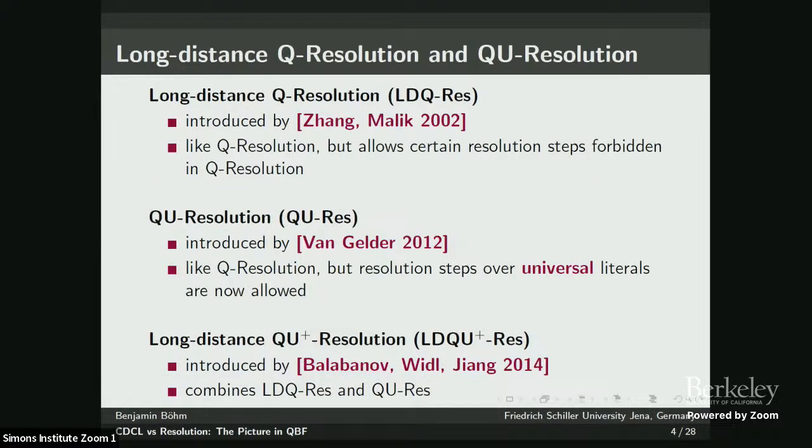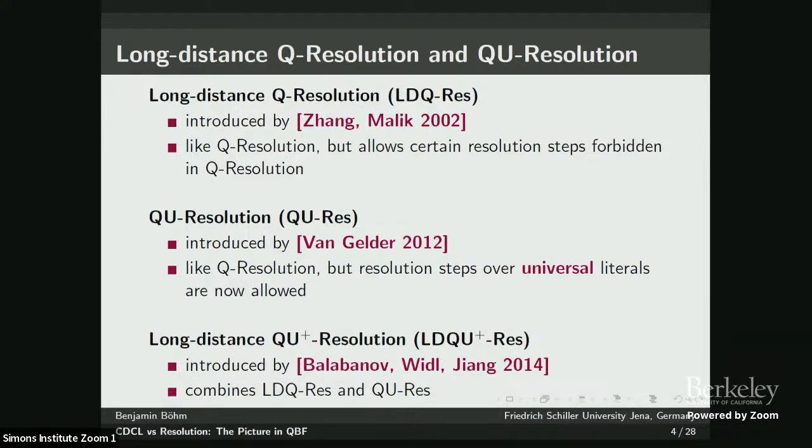And there are 2 more systems, or even 3, but we only consider the first 2 systems. The first one here is long distance Q resolution, or short LDQRes, introduced in 2002 by Zhang and Malik. Now I won't explain in detail how this is defined because it would take too much time. Just let you know that it is basically like Q resolution, but it allows some certain resolution steps that were forbidden before.